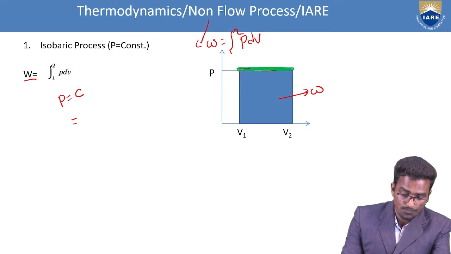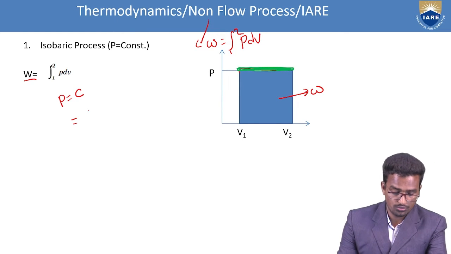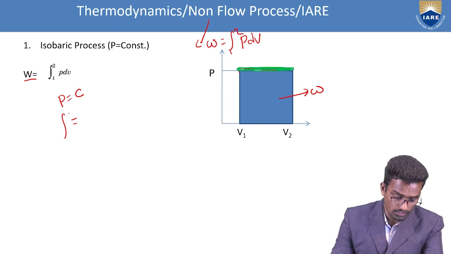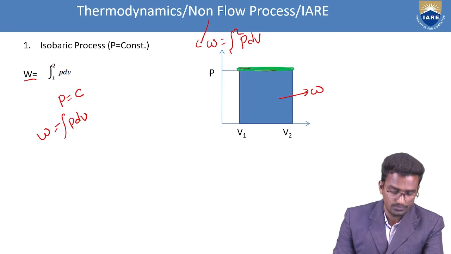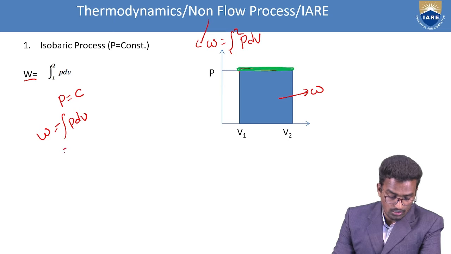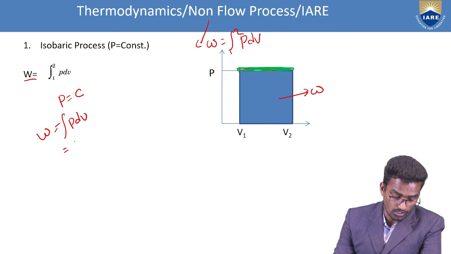First, by doing the integration. The integral of P dV is equal to work. Substitute the limits from 1 to 2.